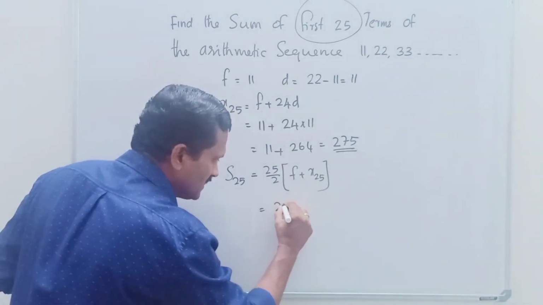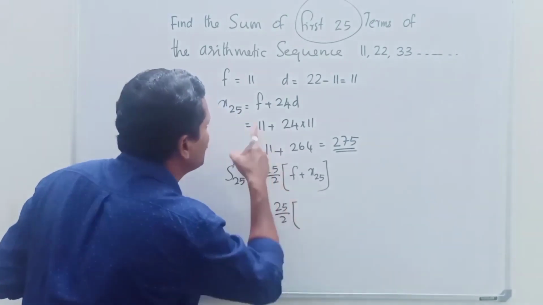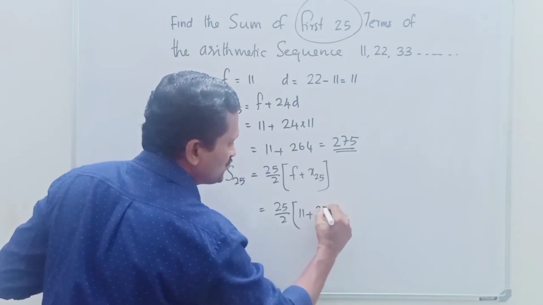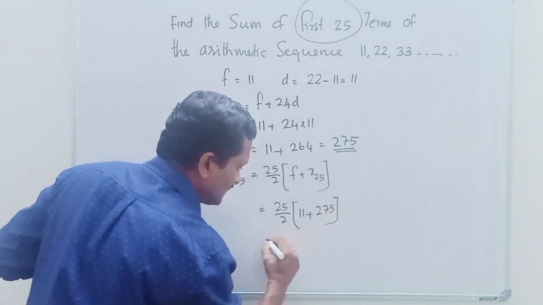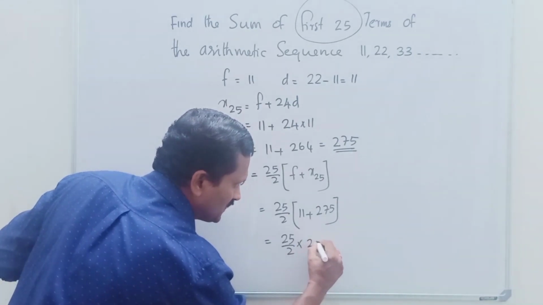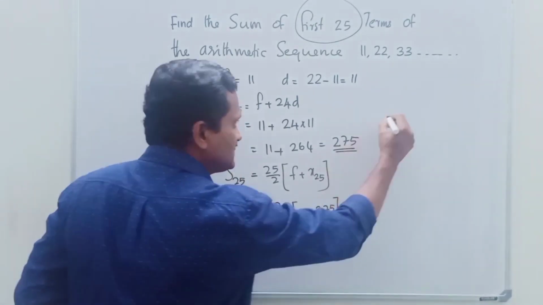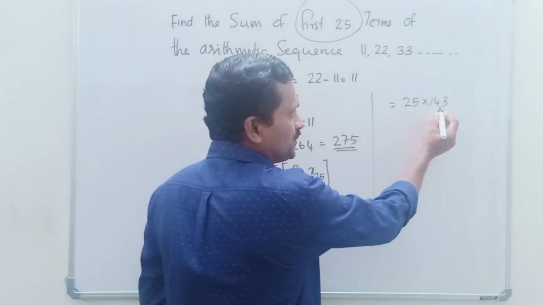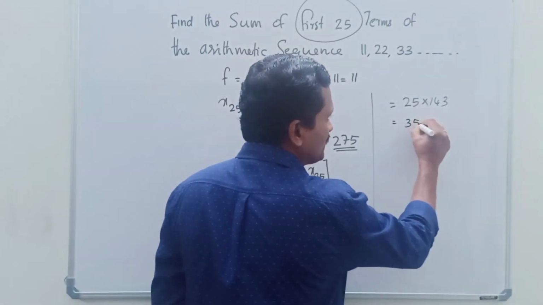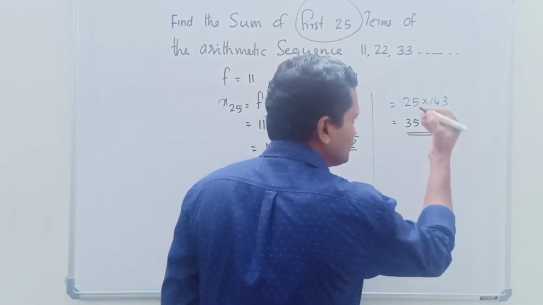That is 25 by 2 into 11 plus 275, that is 25 by 2 into 286, which equals 25 into 143, which equals 3575.